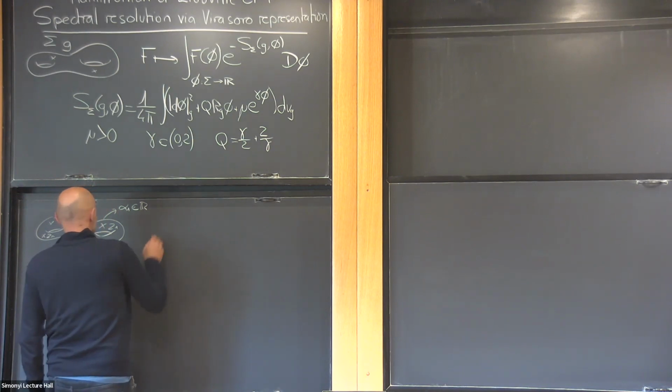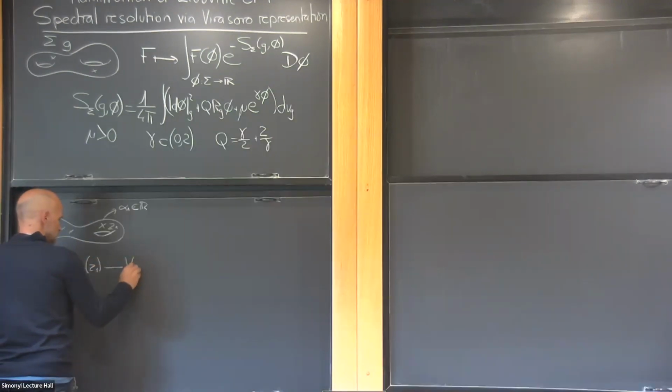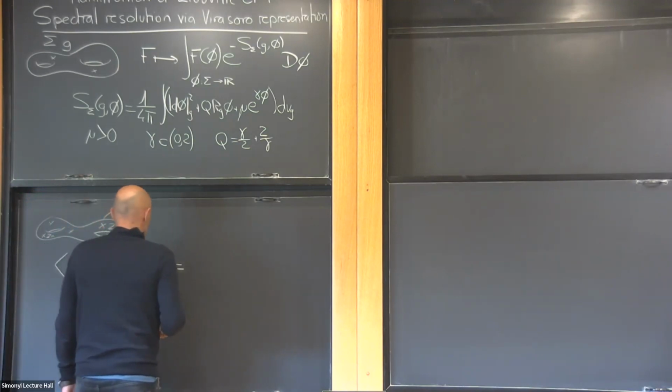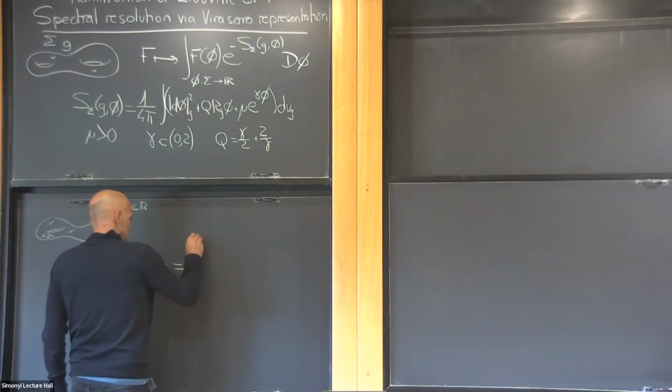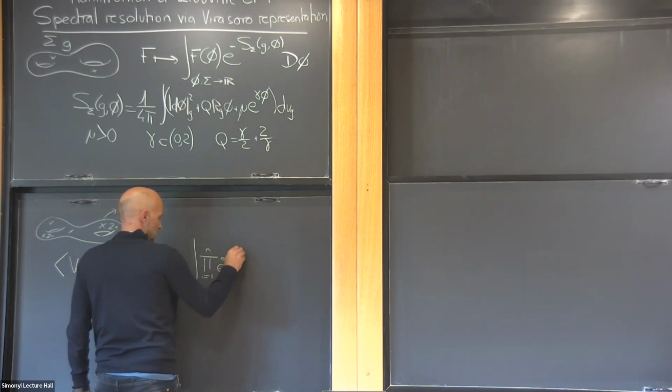And you want to compute correlation functions that are usually done this way. So the correlation function depends on the choice of the metric. And this is basically, at least formally, the path integral evaluated at products of exponentials.